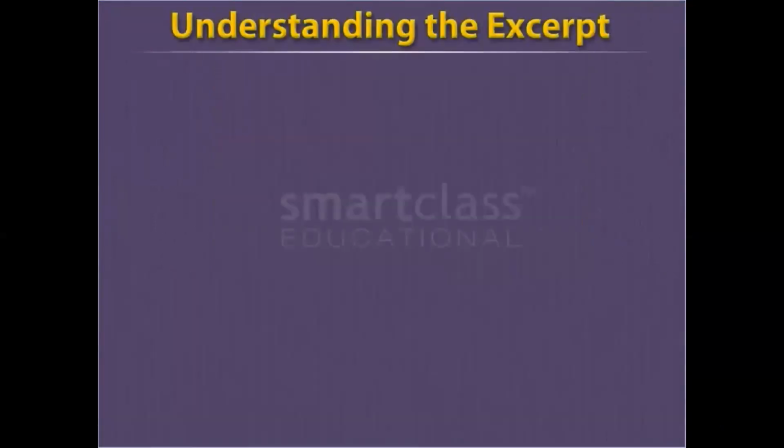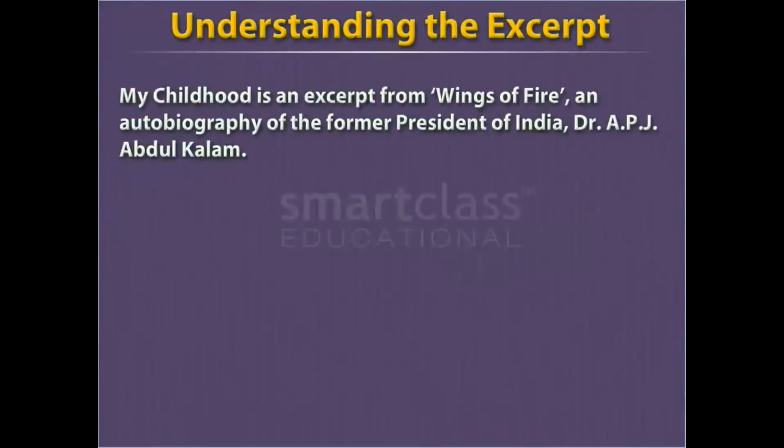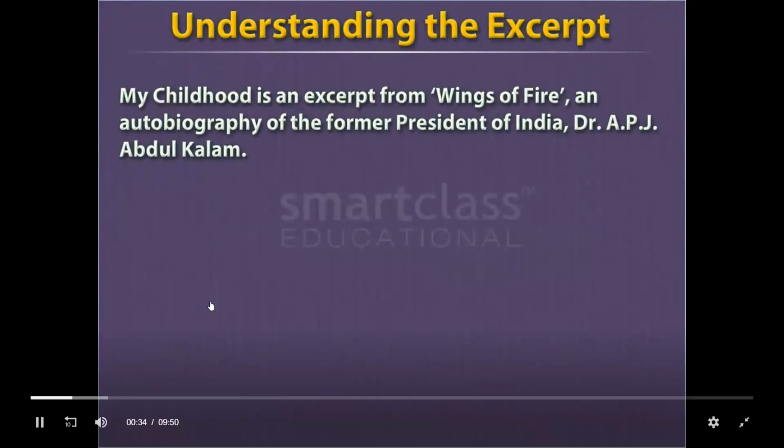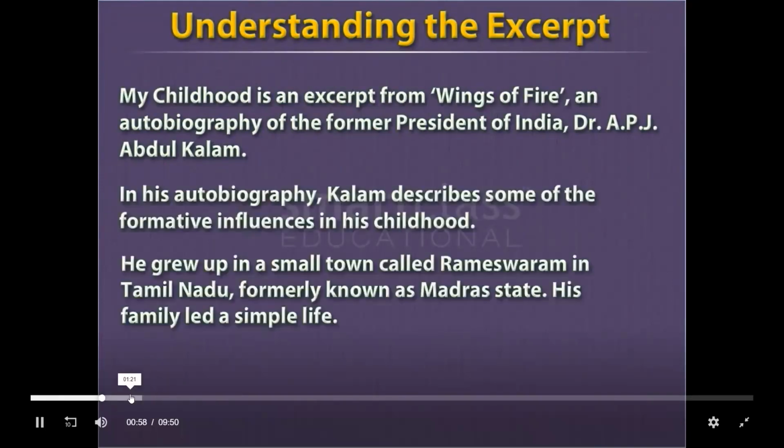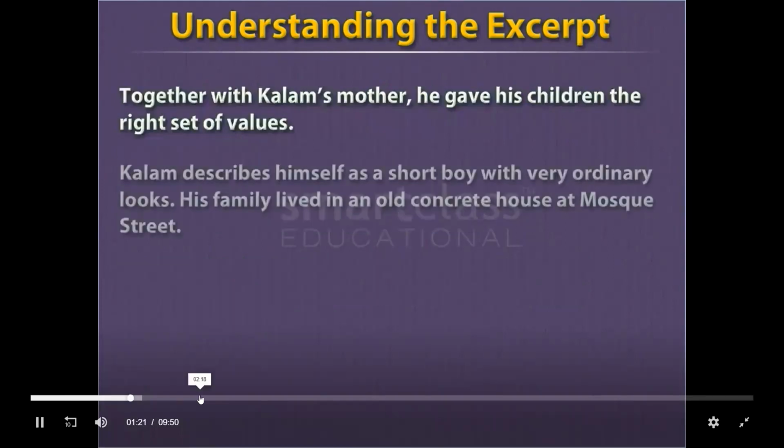Understanding the excerpt. My Childhood is an excerpt from Wings of Fire, an autobiography of the former President of India. His family led a simple life. Kalam describes himself as a short boy.